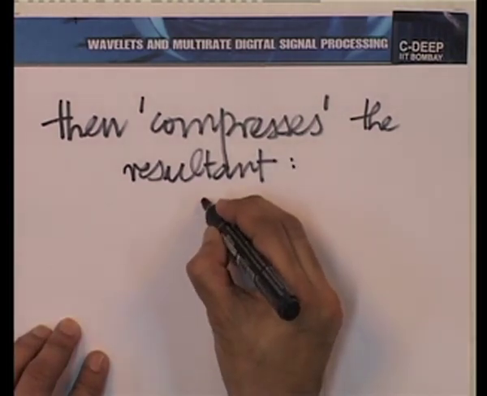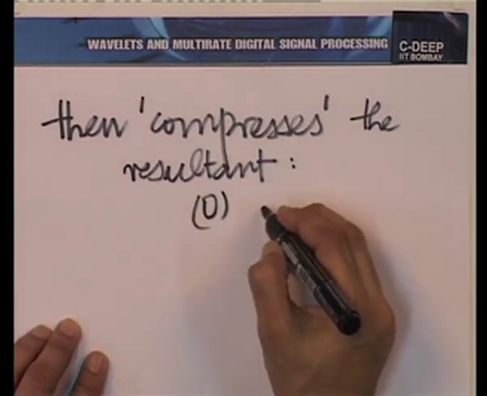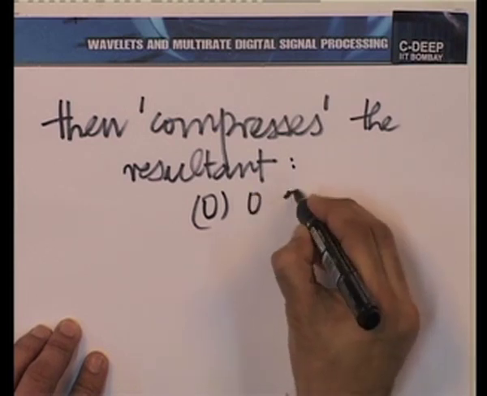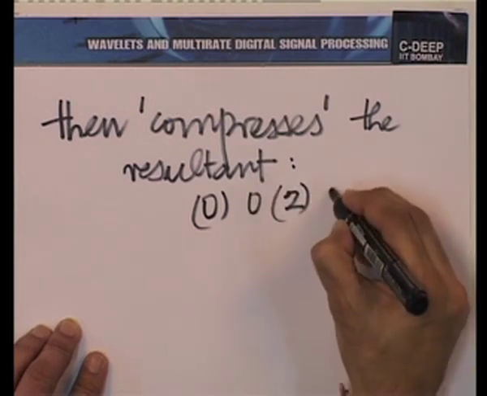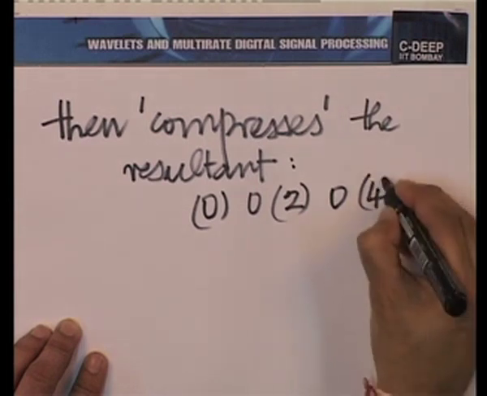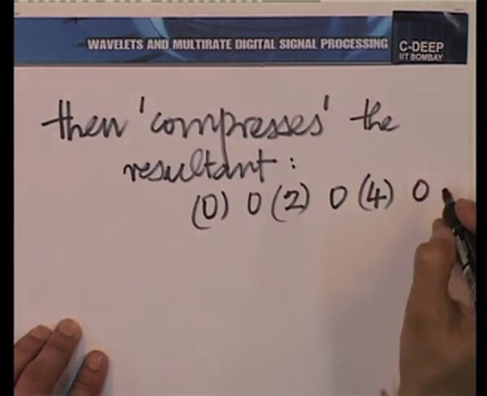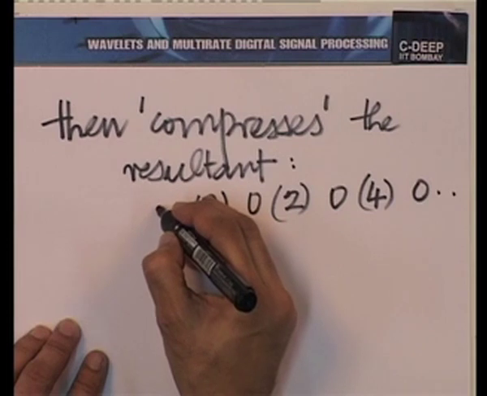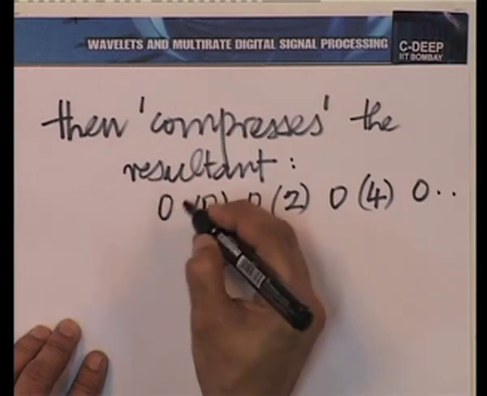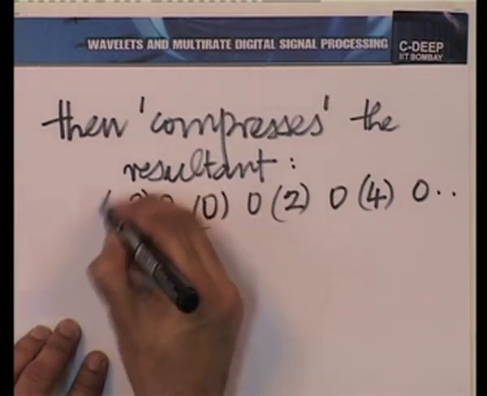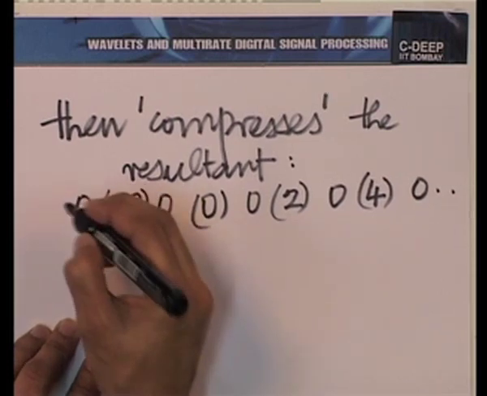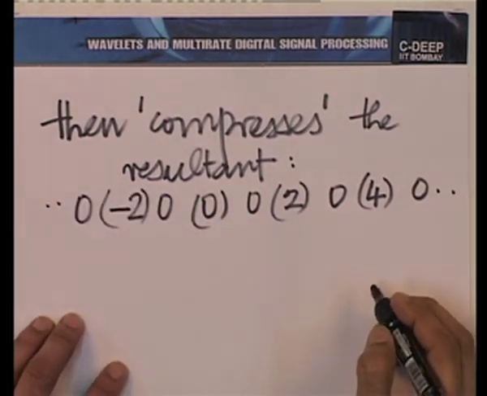So, you have 0 where it was, then a 0, 2 where it was, and then a 0, 4 where it was, and then a 0 and so on and so forth here. You have a 0 in place of minus 1, then a minus 2 where it was, 0 in place of minus 3 and so on and so forth here.